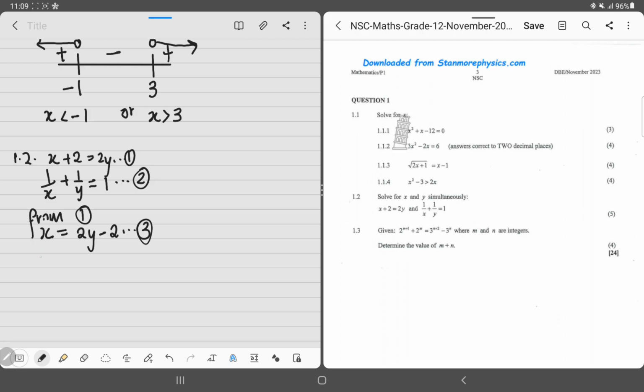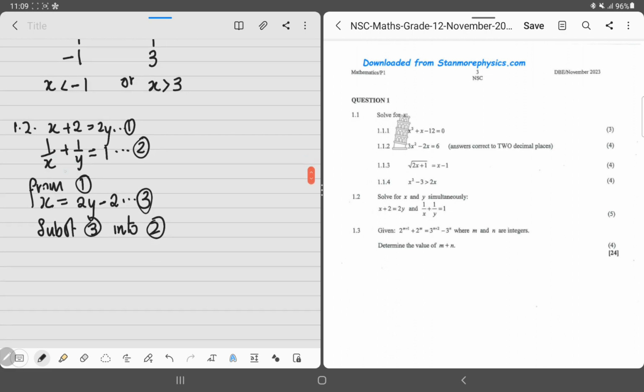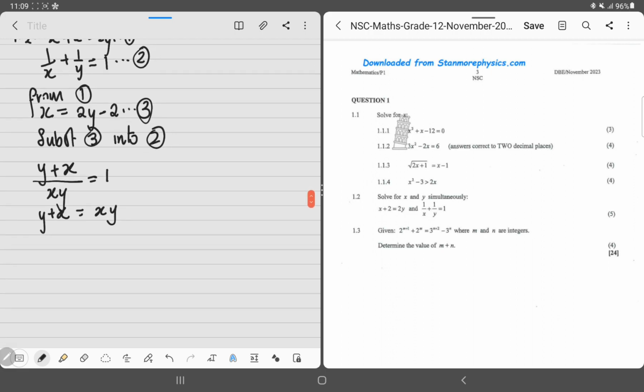So we are going to substitute 3 into 2. But before I do that, I just want to simplify this so that I don't make too many mistakes when I substitute. So y plus x should be equal to xy, which is equal to 1. So y plus x should be equal to xy. Y plus, you remember that x is equal to that.